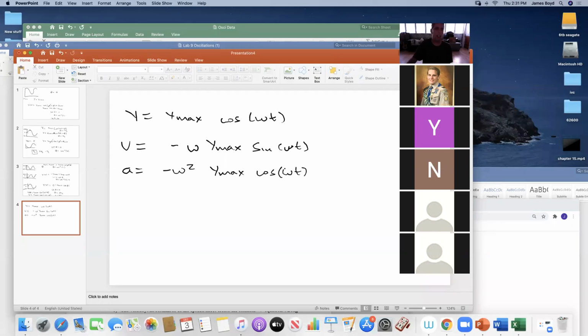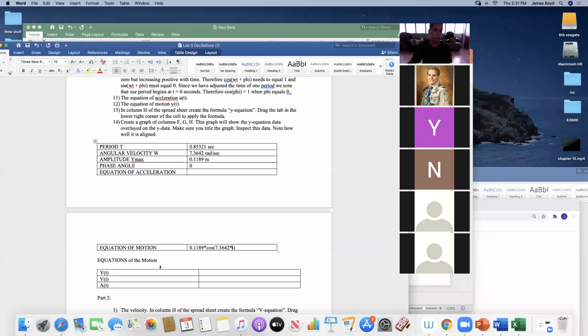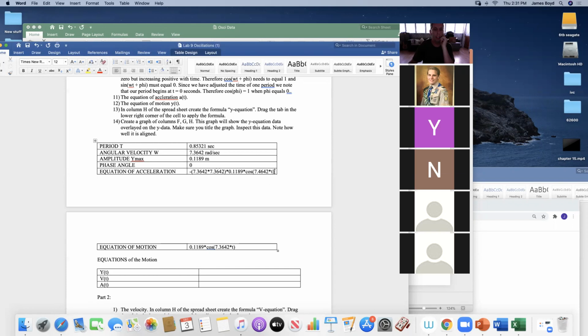Okay, so going back to our worksheet, this is negative 7.3642 times 7.3642, which is omega squared, times our amplitude, 1.89, times cosine of 7.3642 times t. So those are our two equations. We're going to need b as well. I can just copy and paste these in.